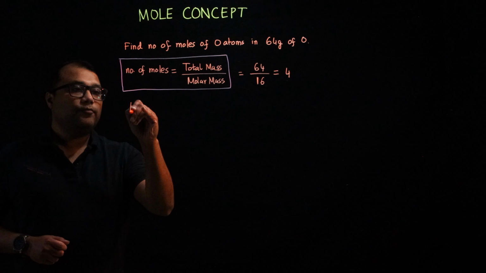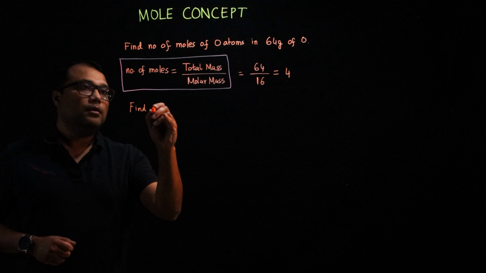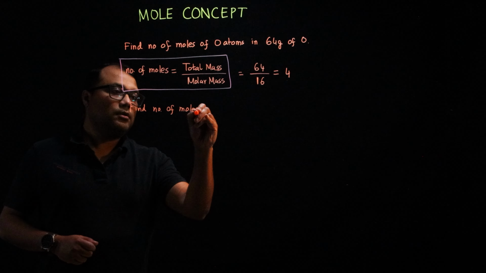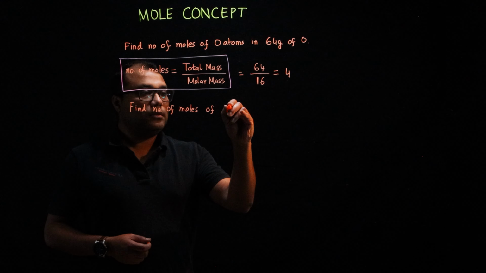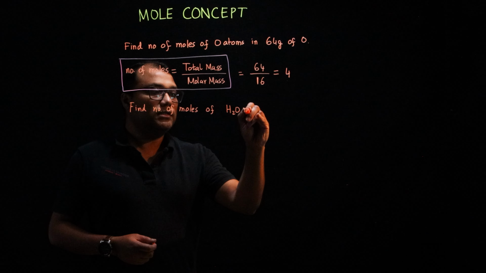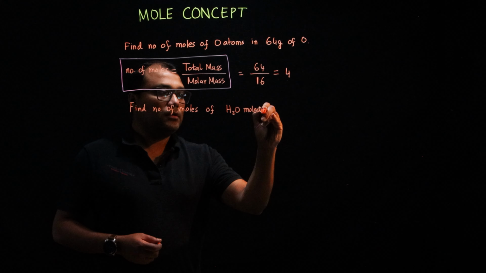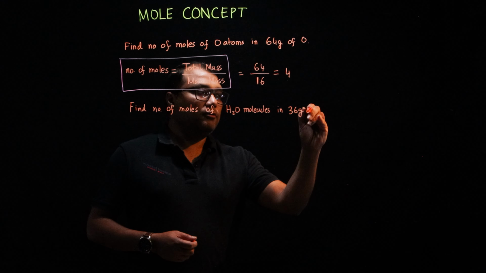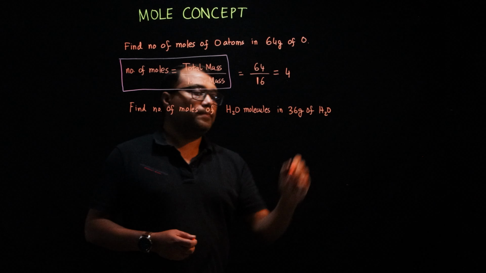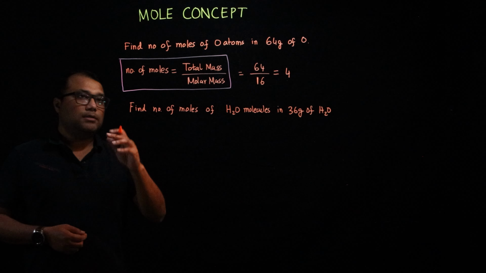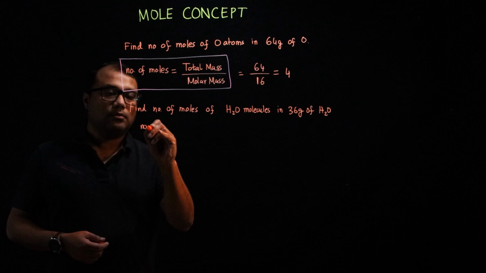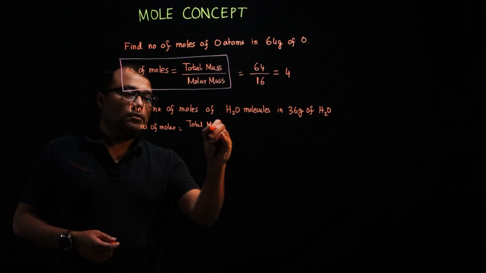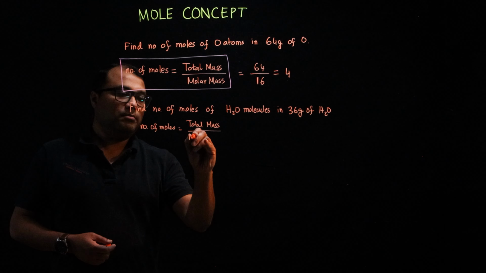Let's say find the number of moles of H2O molecules in 36 gram of H2O. Again, simple: number of moles is total mass, which is 36 gram, by molar mass.